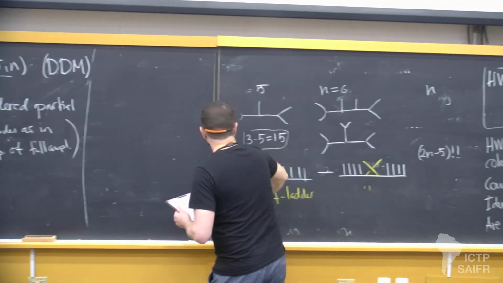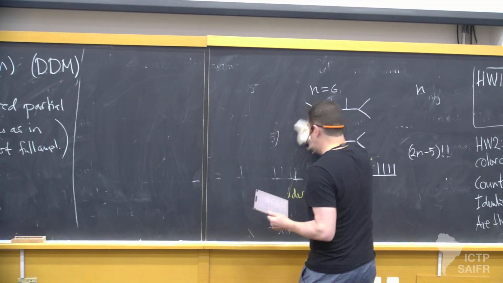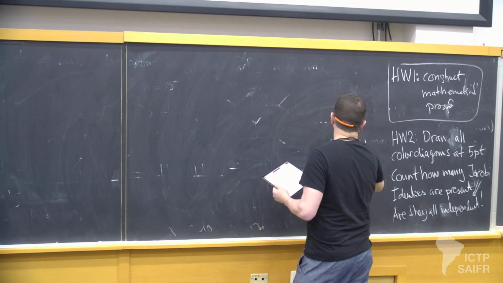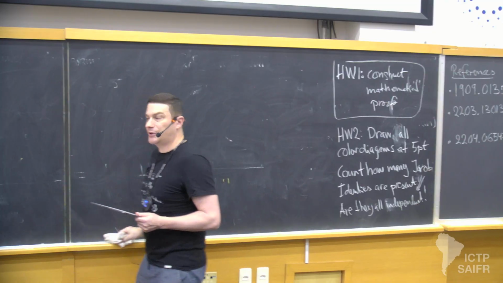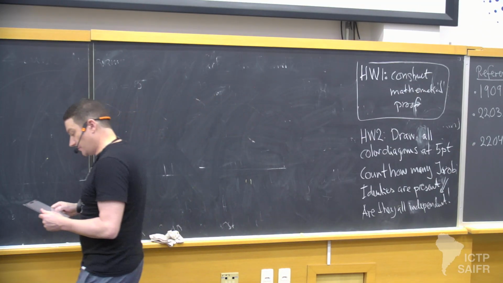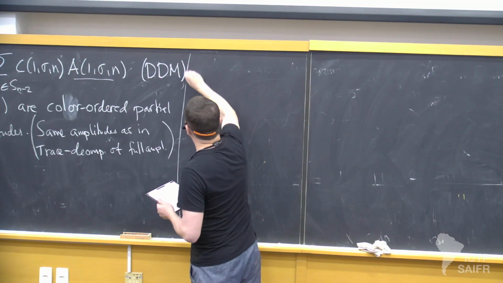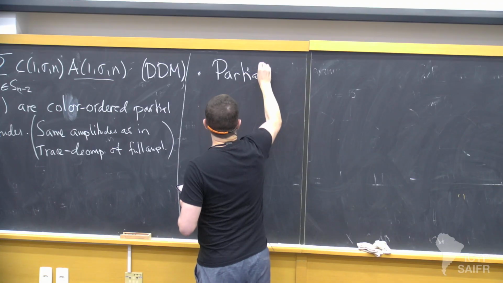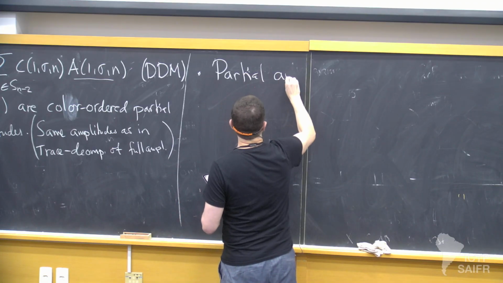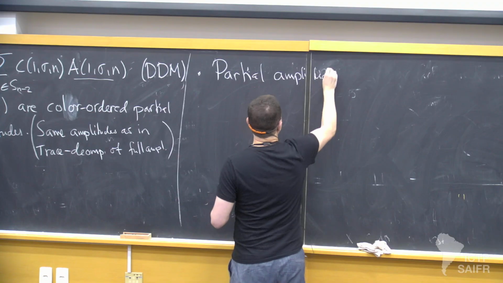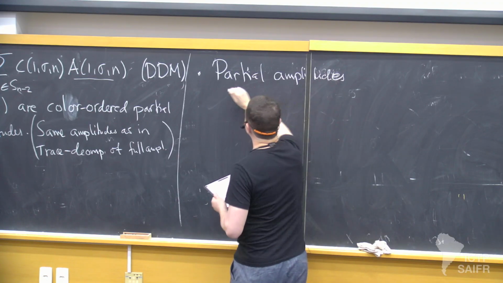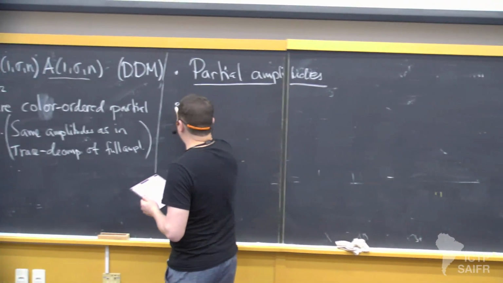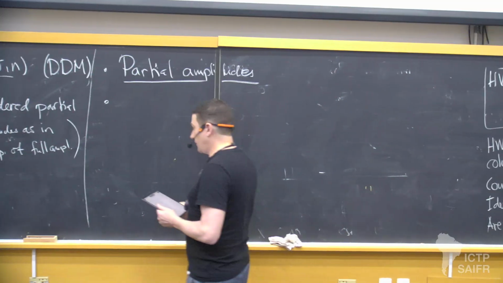But now let's talk about what the actual properties of our kinematic amplitude are. And I'm doing this discussion very generally because this applies to Yang-Mills. It also applies to a bunch of other gauge theories. So let's talk about partial amplitudes. The most important fact about partial amplitudes is that they're gauge invariant.